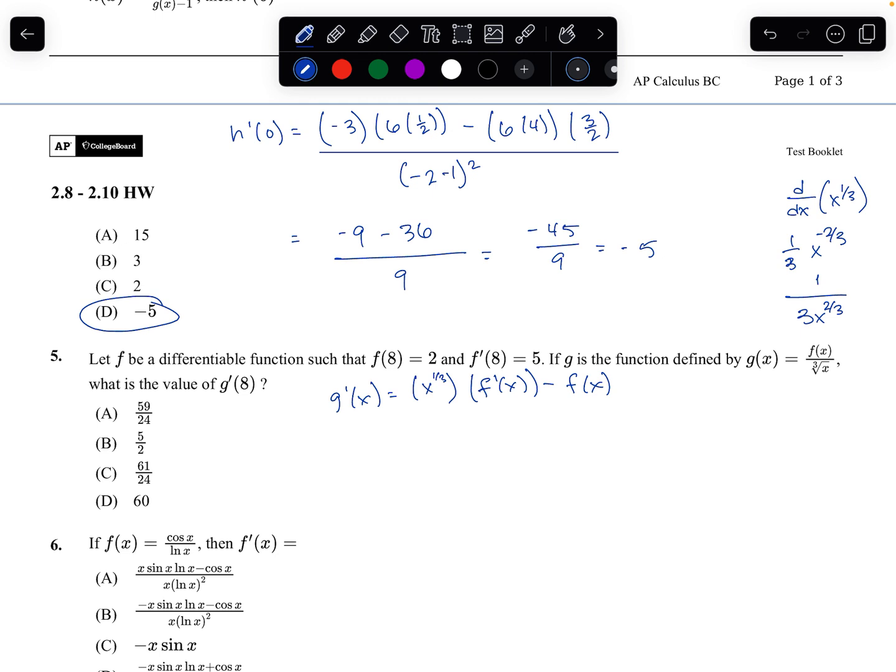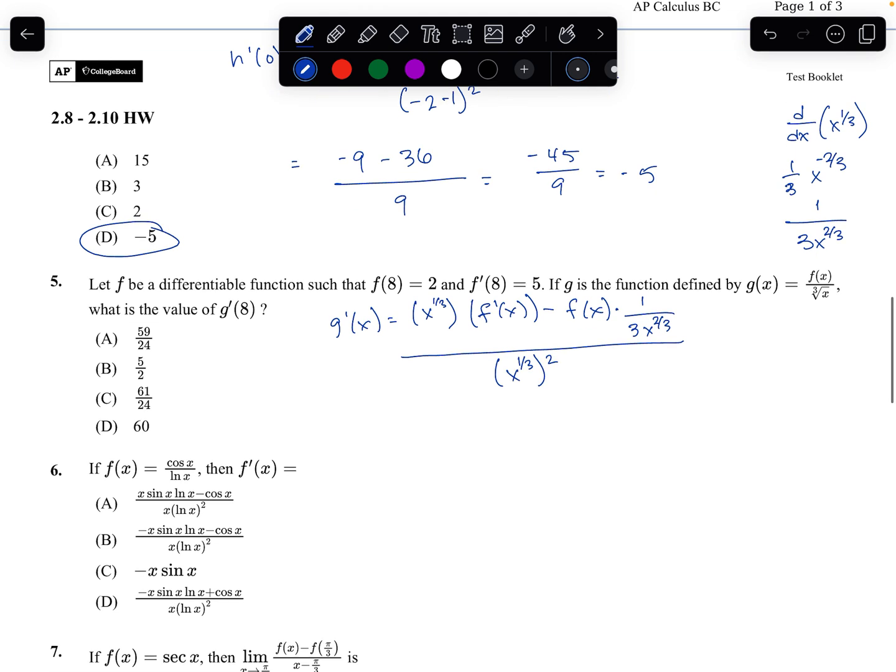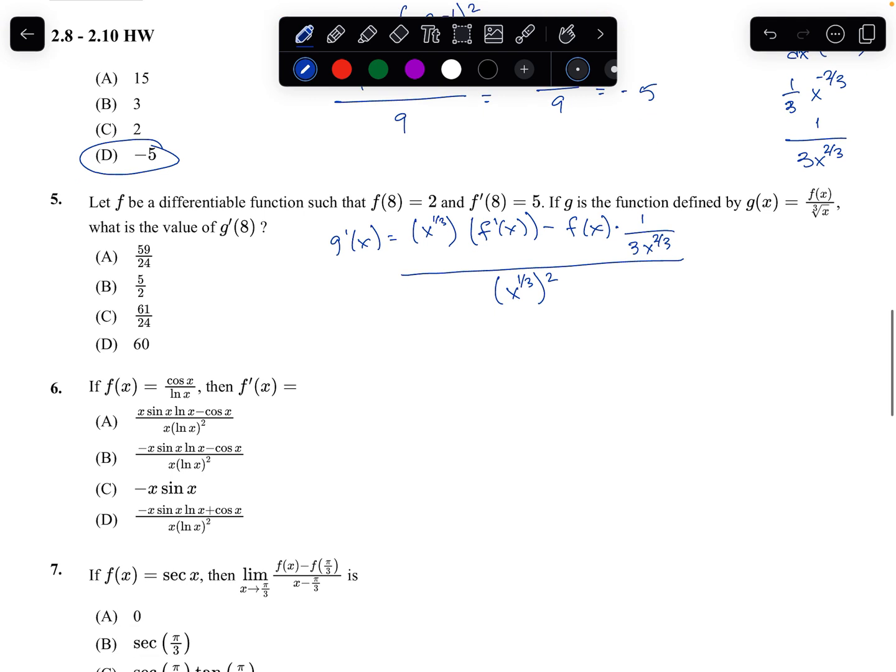So multiplied by 1 over 3 x to the 2/3, over the square of the bottom, and so that's going to be x to the 1/3 squared. Alright, so we don't have a whole lot of room here, but now we're going to plug in 8.